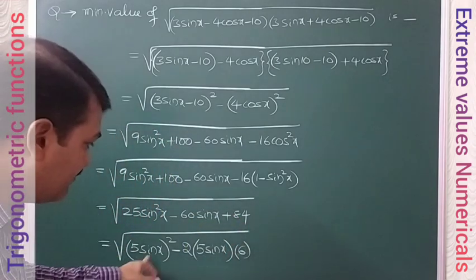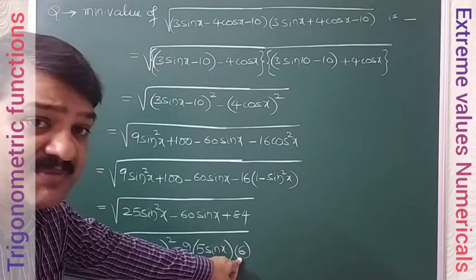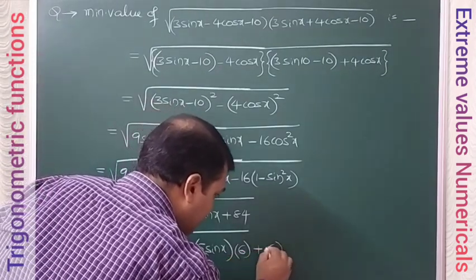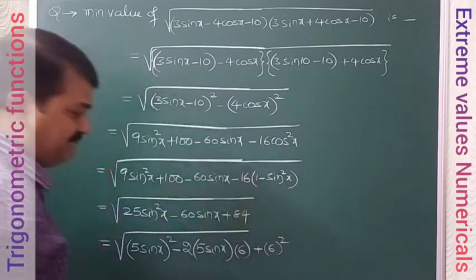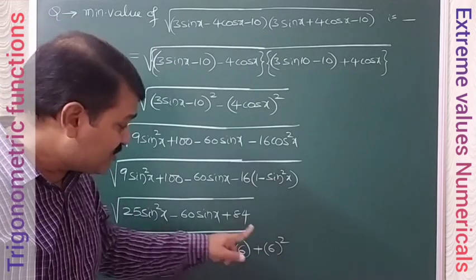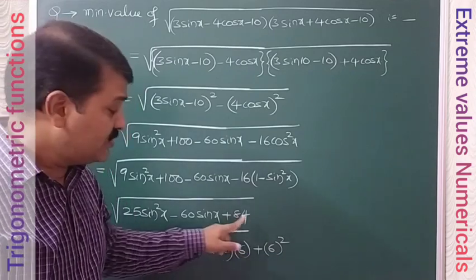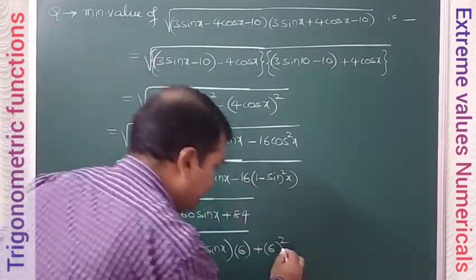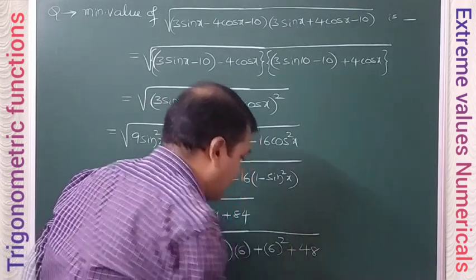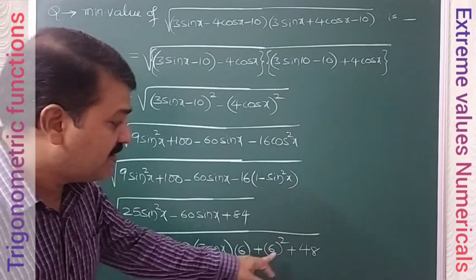So a square minus 2ab, we know what b is now. So a square minus 2ab plus b square must be the next term. Plus b square means how much? 36. But actually we have 84 here. So 36 we have already written, so plus 48. I am splitting 84 as 36 plus 48.